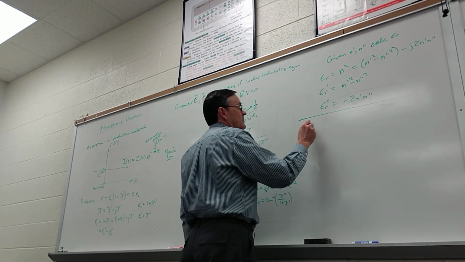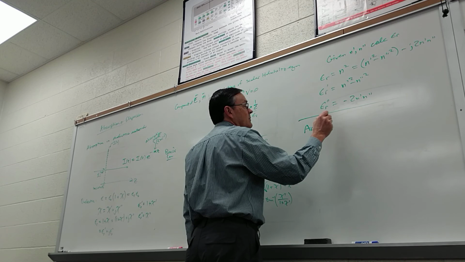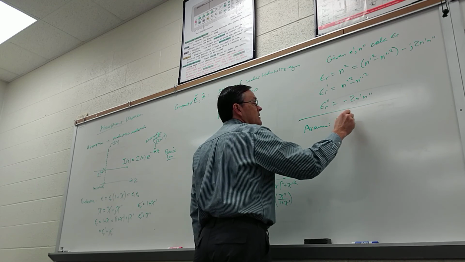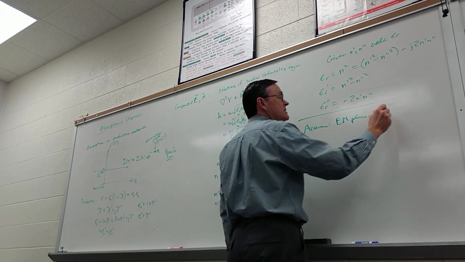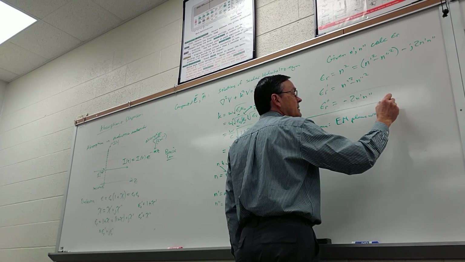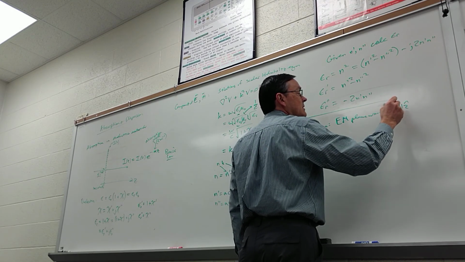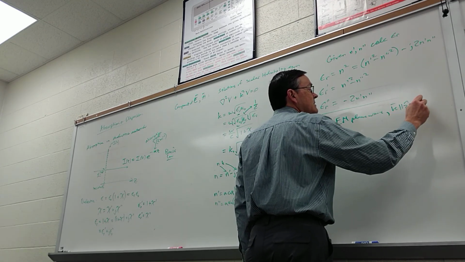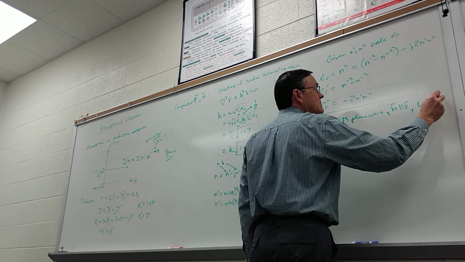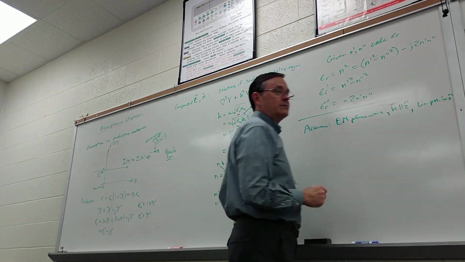So let's say that we have an electromagnetic plane wave, and let's say that it's propagating in the z direction, and let's say that it's linearly polarized in the x hat direction.